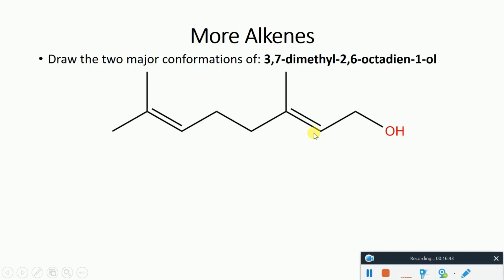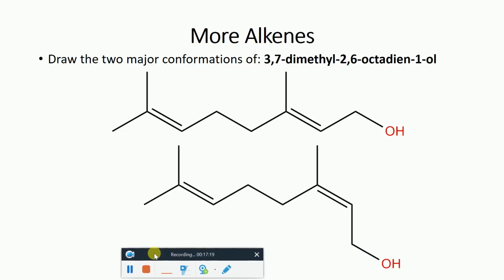Then you need to start thinking about how the molecule changes when you rotate this group here, because there's no free rotation, but this group could connect in a different way, because the name doesn't say anything about how the groups are connected onto the alkene. You'll learn more about that later. If you got this, that's awesome, that's good enough. But the other one that you could have gotten would have been this.